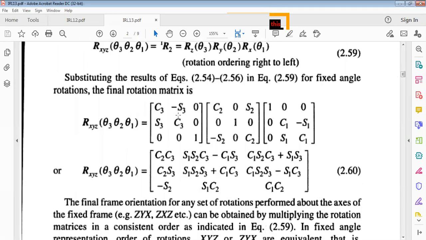Okay, so these are the three matrices. After multiplying these three matrices, this is the overall rotation matrix. It is an equivalent rotation matrix. It is used for any kind of rotation which involves three actions.